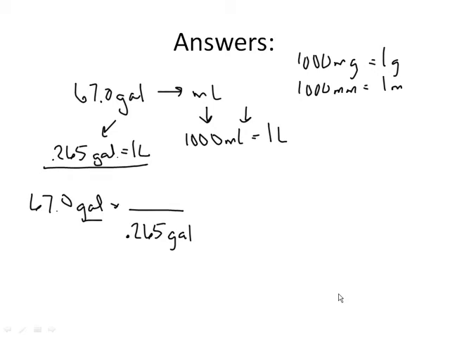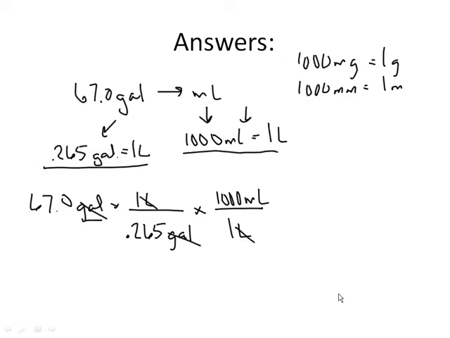And once I commit to the 0.265 gallons, I have to commit to putting 1 liter in the top. Gallons at this point crosses out. My units are gone there. My next fraction is going to relate liters to milliliters because I want to get to milliliters. So I'm going to use this one here. Liters goes in the bottom because I want to cancel it, and I commit to the rest of the fraction here on the top with 1,000 milliliters.